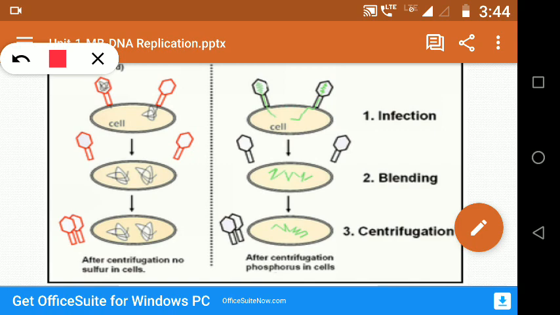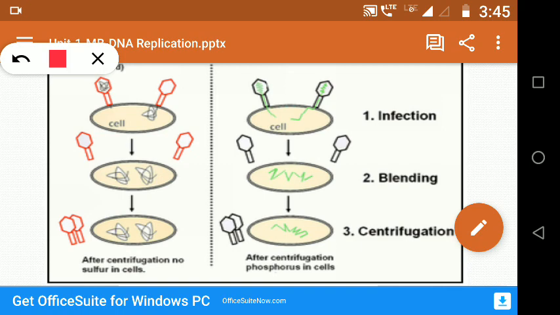So that means the nucleic acids which entered into the cell are responsible for the production of several virions. That confirms the nucleic acids as the genetic material, because the protein coat is no longer involved in the cycle of the virus.